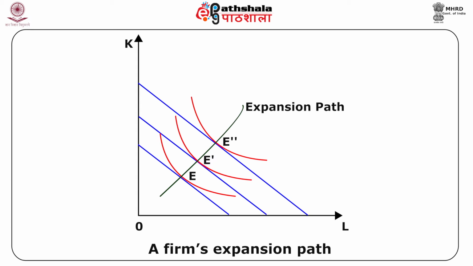Further expansion leads to yet another equilibrium point, E double dash. All the 3 points E, E dash and E double dash are least cost input combinations given by tangency of the isocost line to the isoquant for producing various output levels. Connecting the origin with all 3 points gives us the curve which is known as the expansion path.